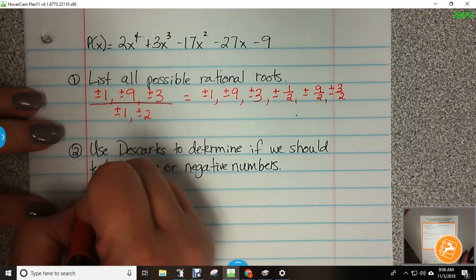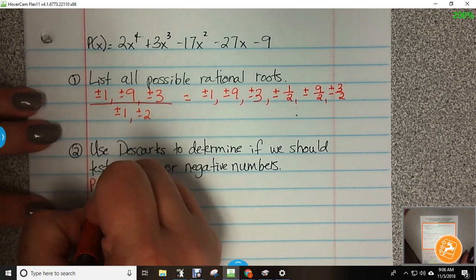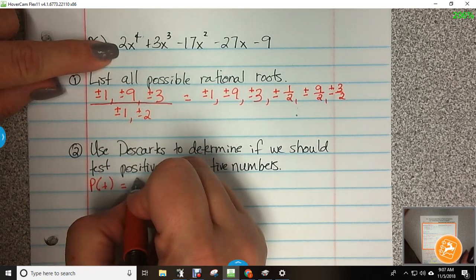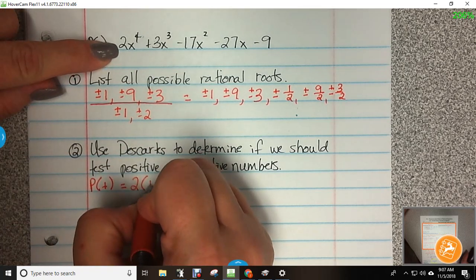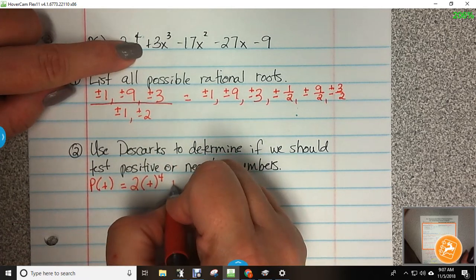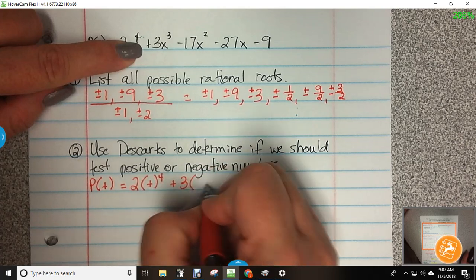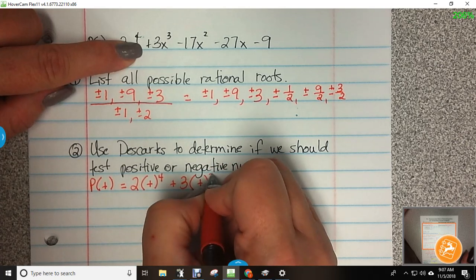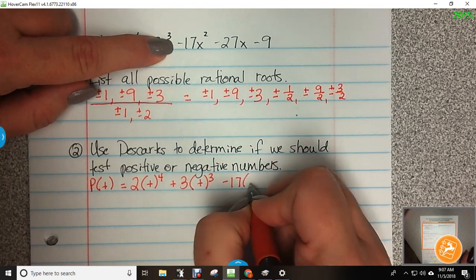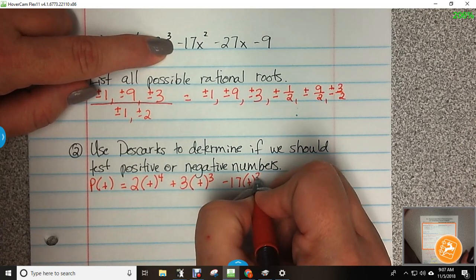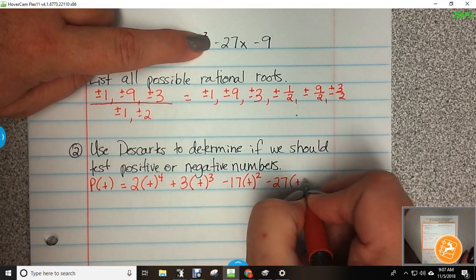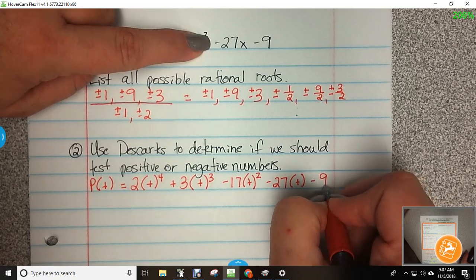So let's start out with P of a positive number. Okay, so I'm going to have 2 times a positive number to the 4th power plus 3 times a positive number cubed minus 17 times a positive number squared minus 27 times a positive number minus 9.